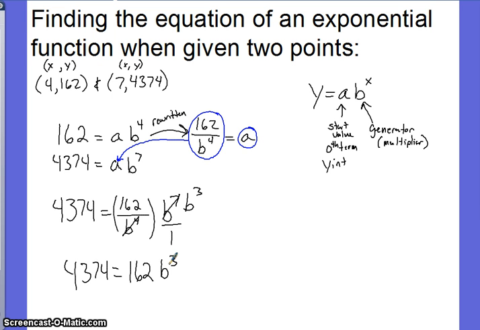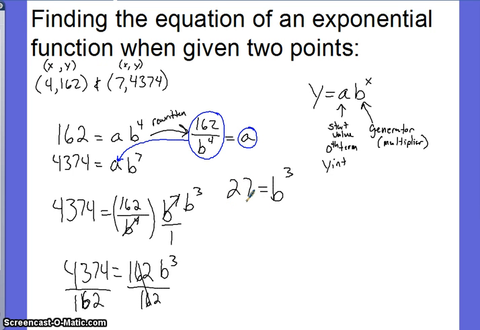So now I have to divide by 162 on both sides. Here it cancels to 1, so I'm left with b cubed is equal to 4,374 divided by 162, which I believe is 27.